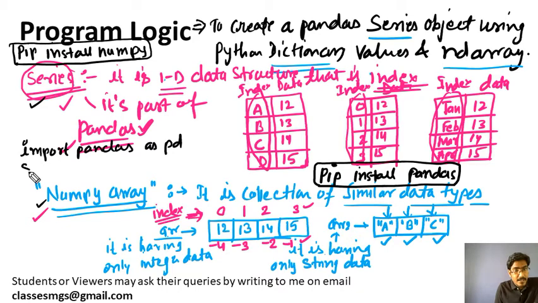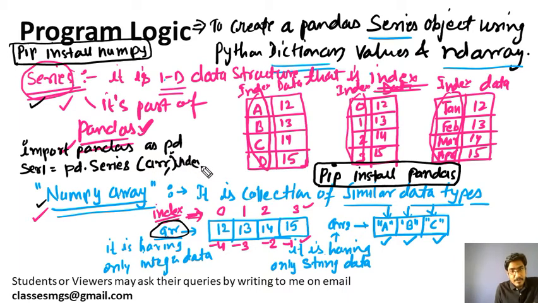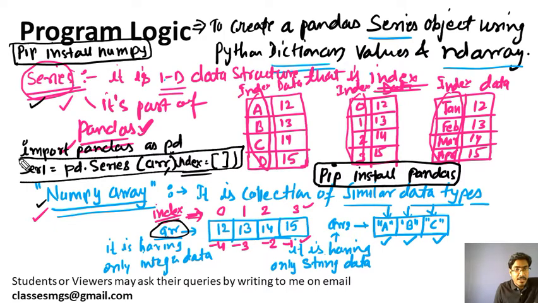Then you write series1, the object name, and the pd.Series method is used to create the series object. Here you can pass a dictionary object or an array object, anything. If you want an index, you can pass the index also. Otherwise there is no need to pass an index. By default the index will be 0, 1, 2, 3, 4 up to n minus 1. Like that you can create a series object.